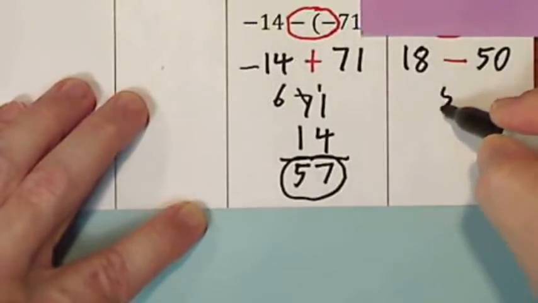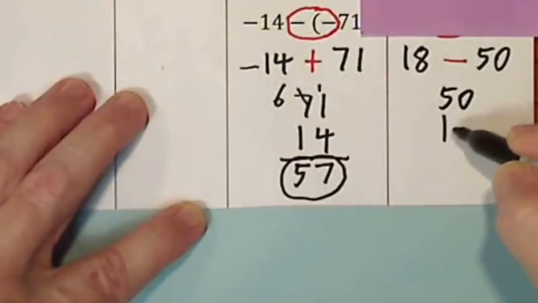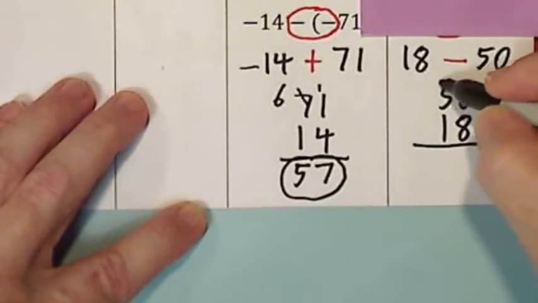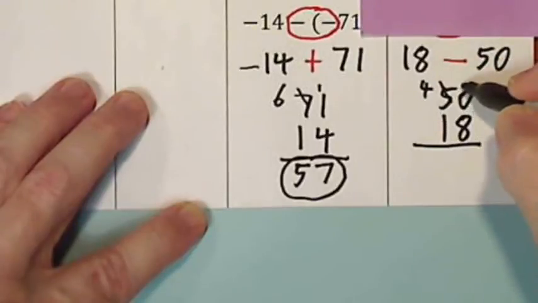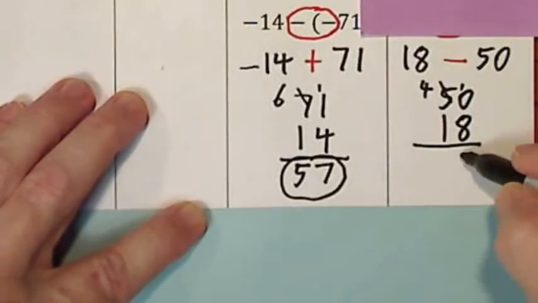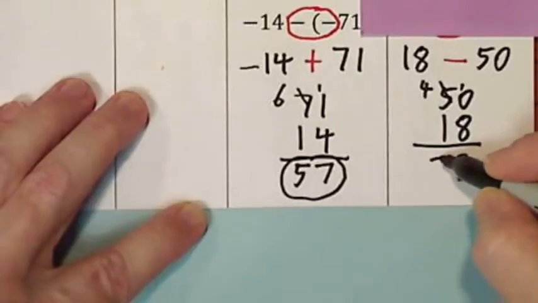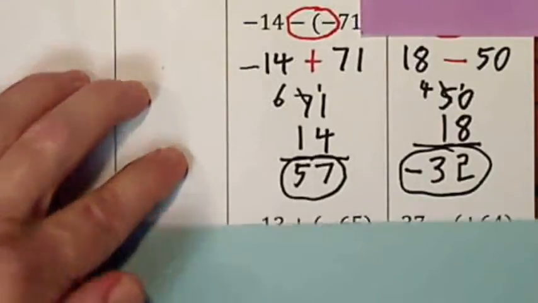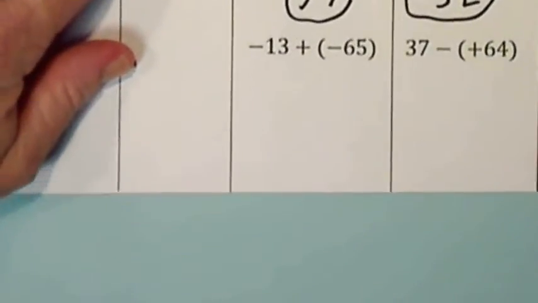You subtract. Don't forget to borrow. And you keep the sign of the larger. We're going to try two more of these, and then we'll move on to the next topic.